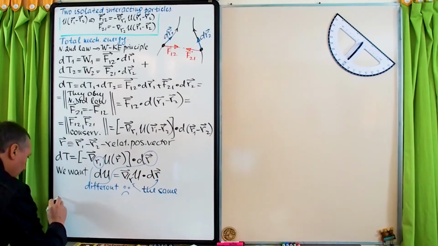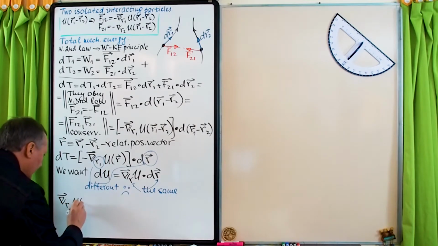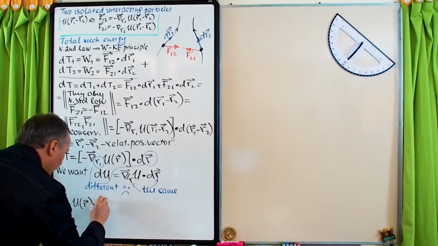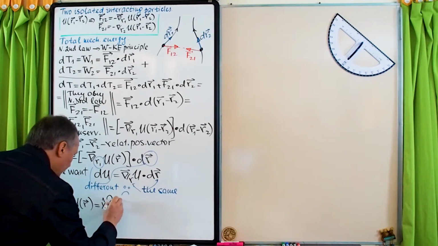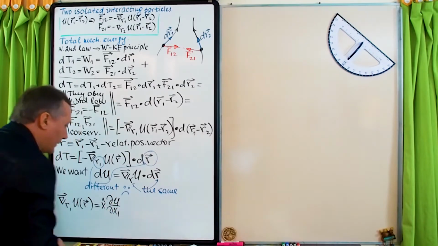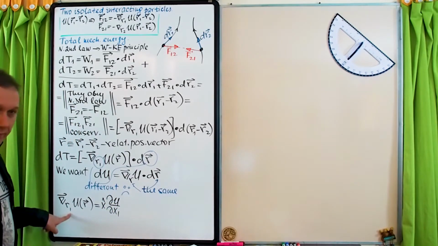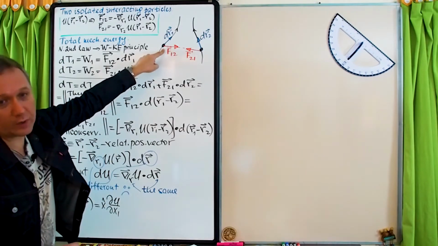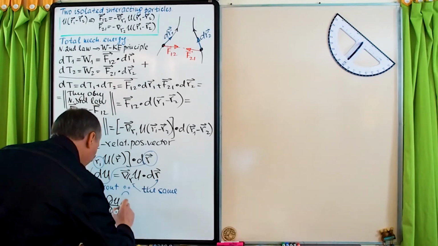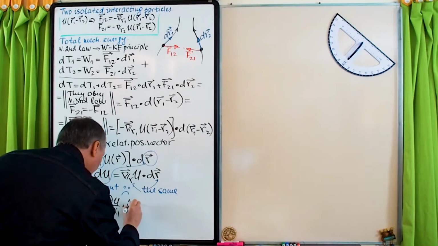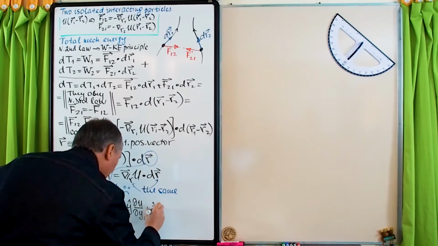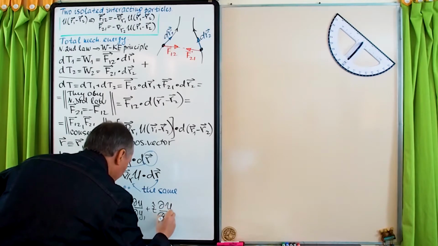The gradient with respect to r1 of U, which is a function of r. In component form, it's x hat dU over dx1, because we're taking the gradient with respect to the coordinates of the first particle, x1, y1, z1. Then plus y hat dU over dy1 and plus z hat dU over dz1.